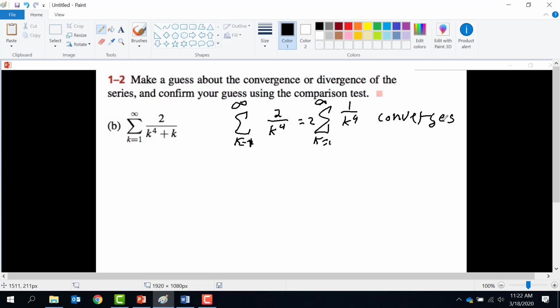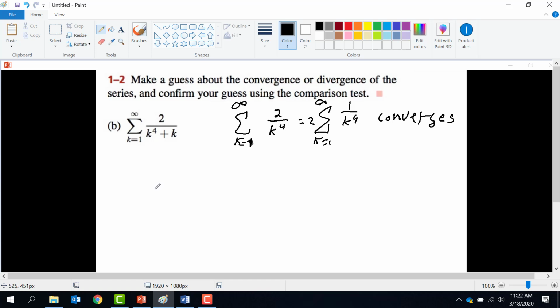So since this series converges, what we need is for the terms of this one to be smaller. Now, I need you to show that to me. Here's how we're going to do that.